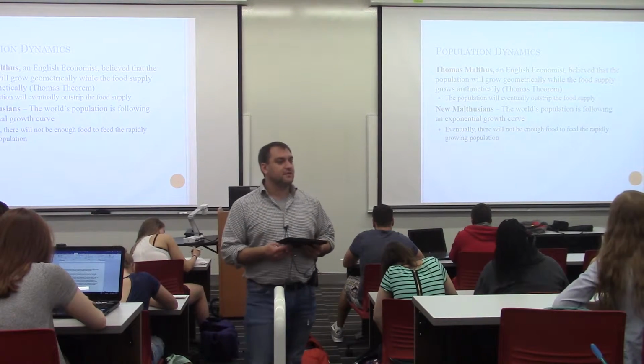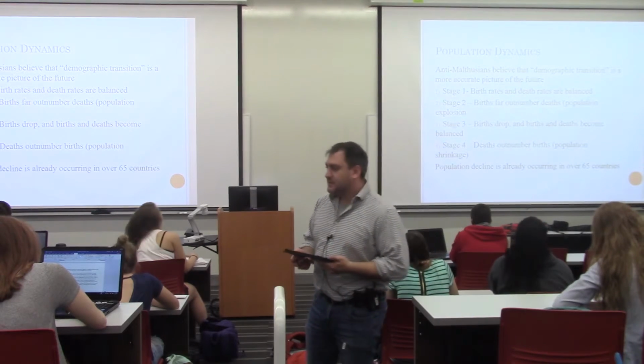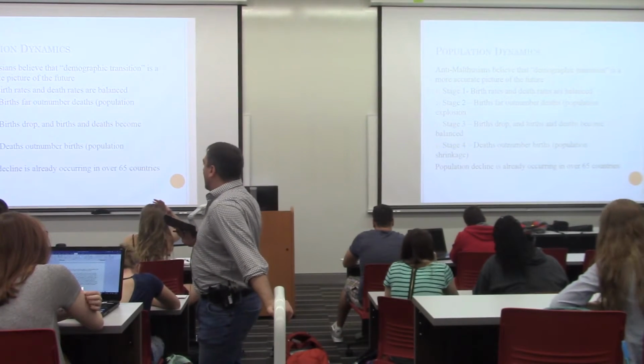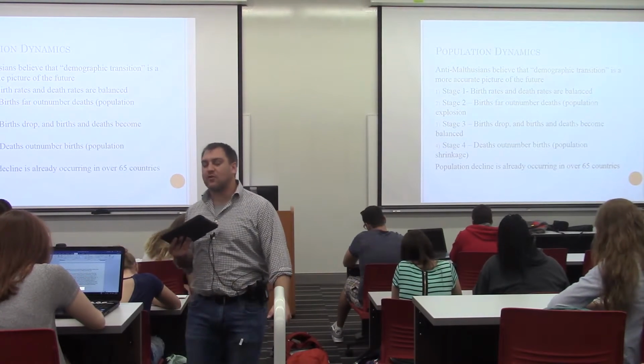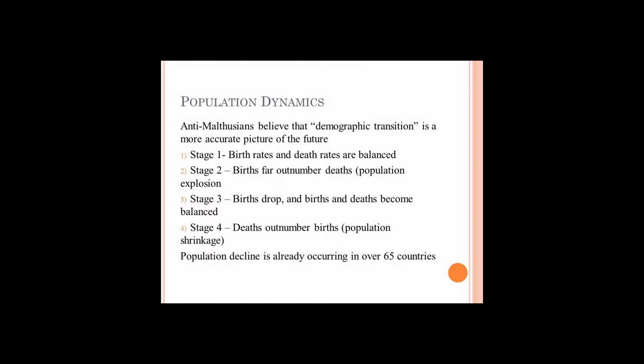Aside from the prediction of doom from Malthus and the new Malthusians, there's a group of demographers that say Malthus and his ilk are actually wrong. What we're seeing here is known as a demographic transition. Over the past 200 years we've seen this huge increase in population growth, and we've seen a change from an agricultural-based economy worldwide to an industrialized-based economy worldwide.